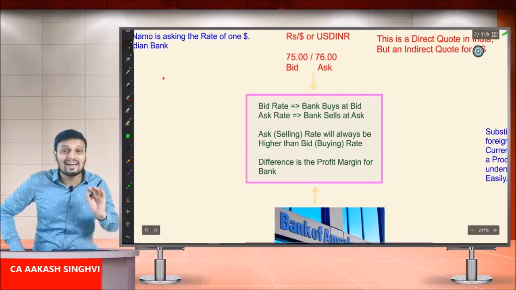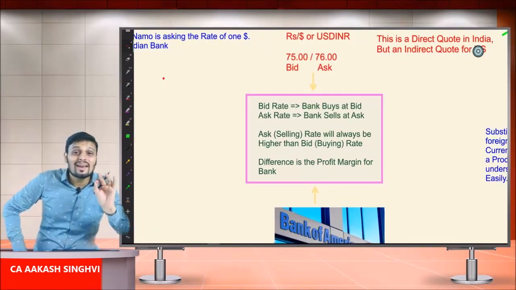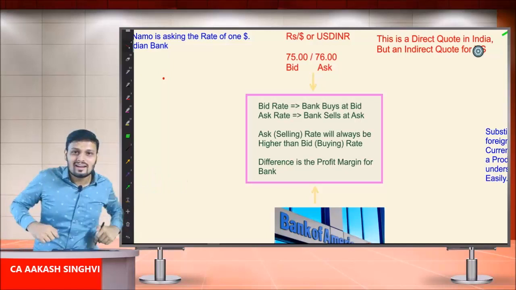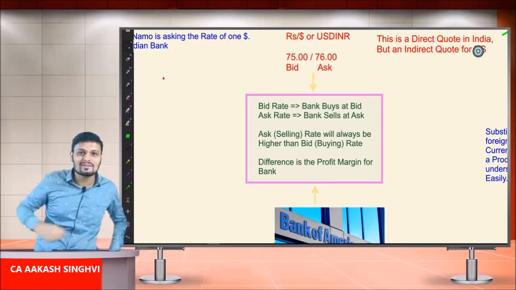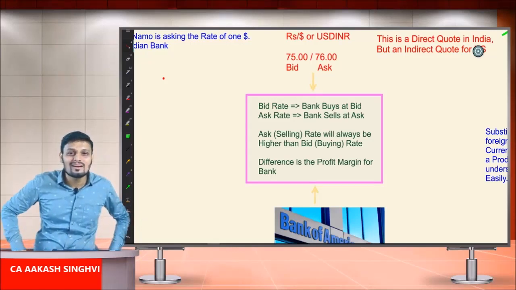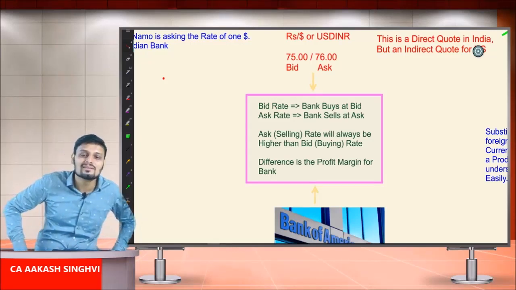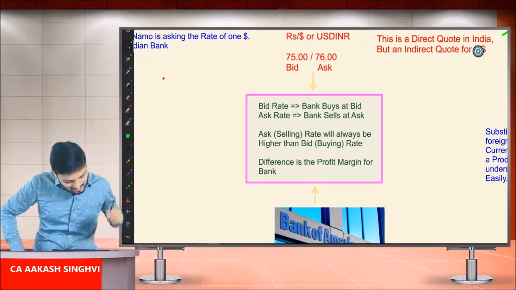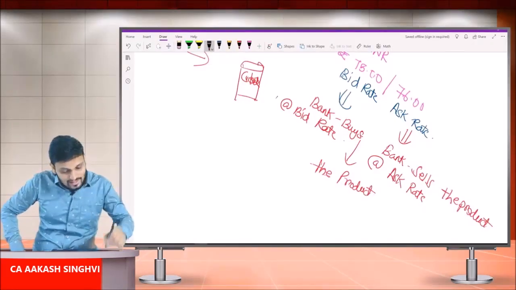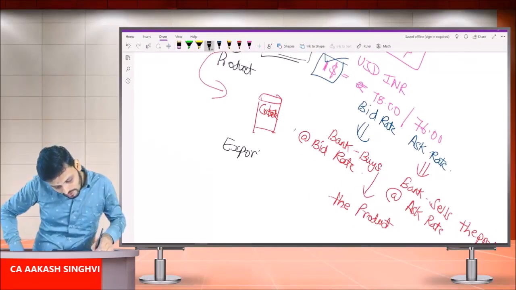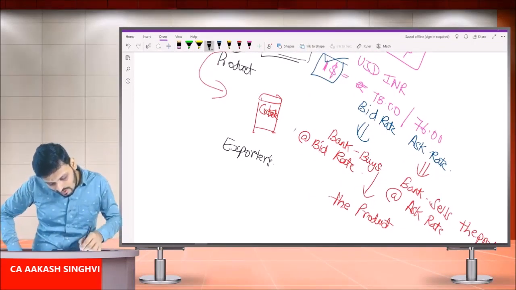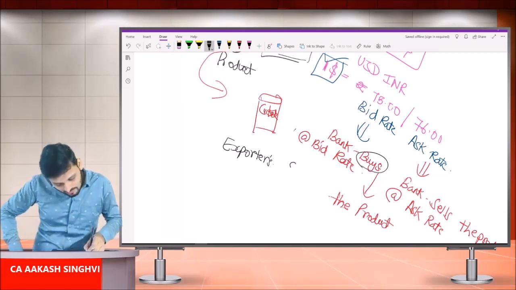So bid rate is the rate at which bank will quote to an exporter because he wants to sell. So can I tell, an exporter sells dollar at bid rate, an importer buys dollar at ask rate. Can you understand this thing? See, again I'll try to explain. An exporter will not buy at bid rate, exporter will sell at bid rate.